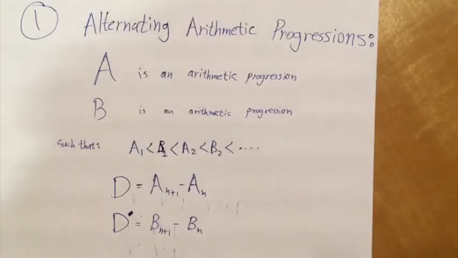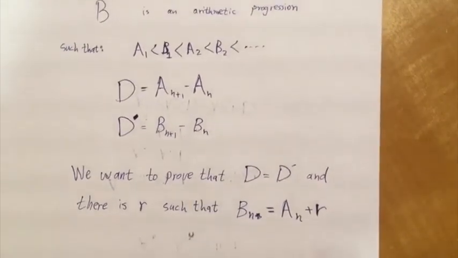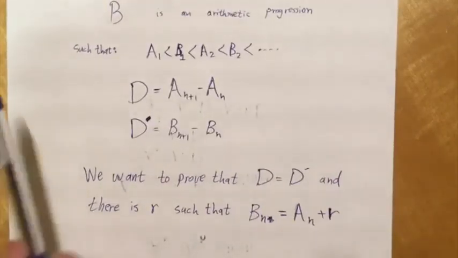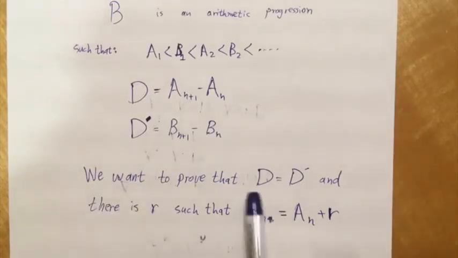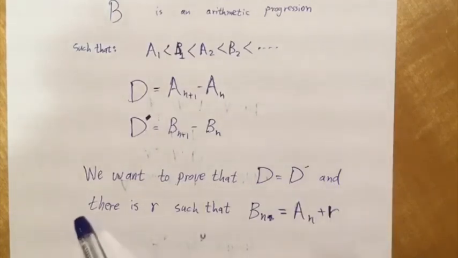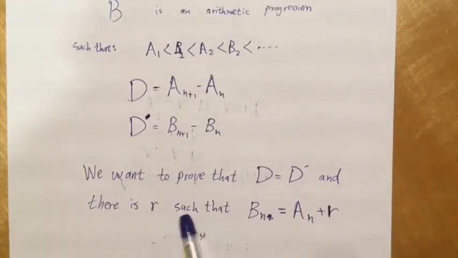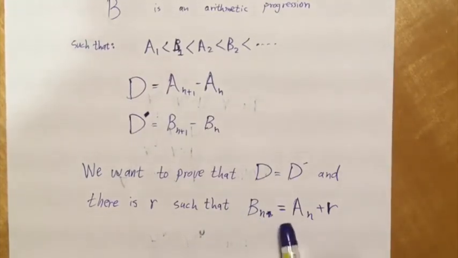Now, the main thing we need to understand about these objects is that if they're actually alternating, then it should be the case that d is equal to d prime, and also there's a constant r such that b_n is just a shift of a_n, namely b_n equals r plus a_n for all n.